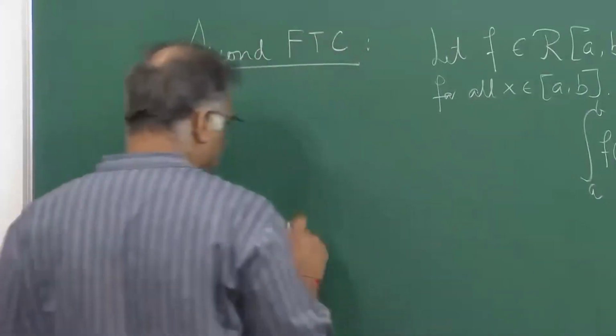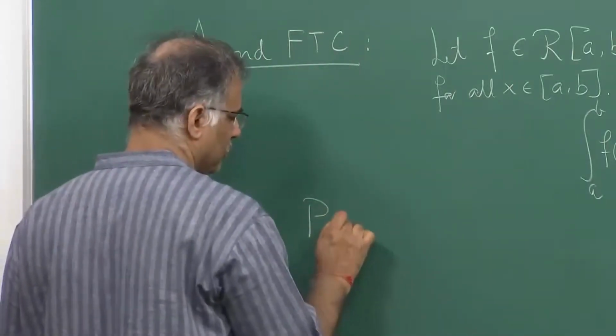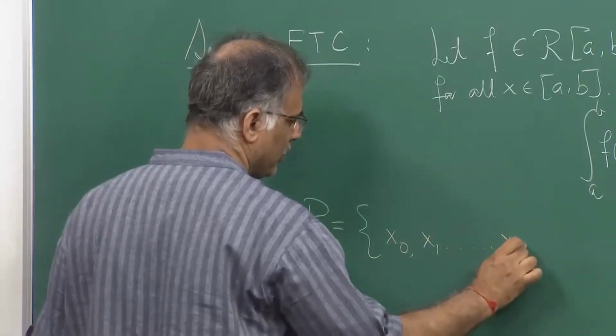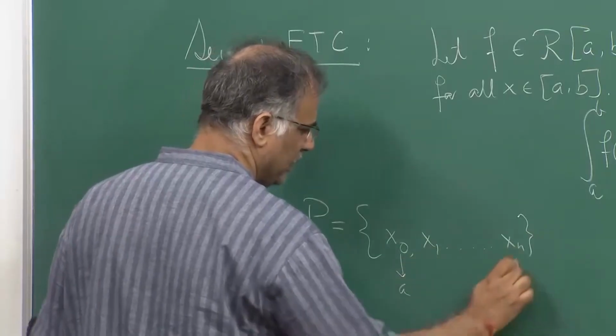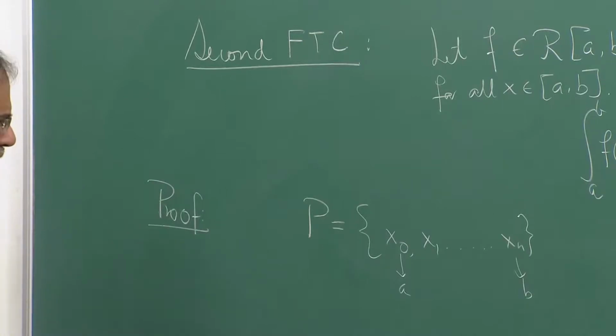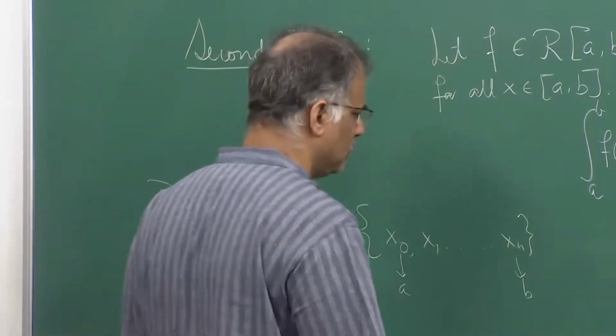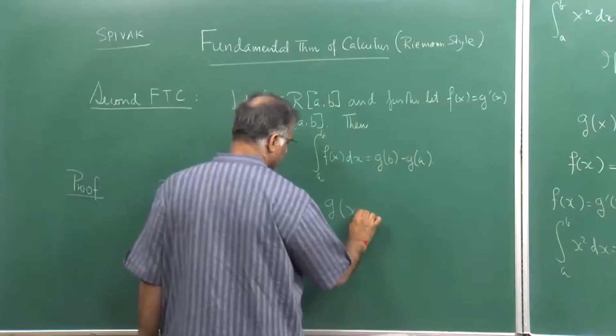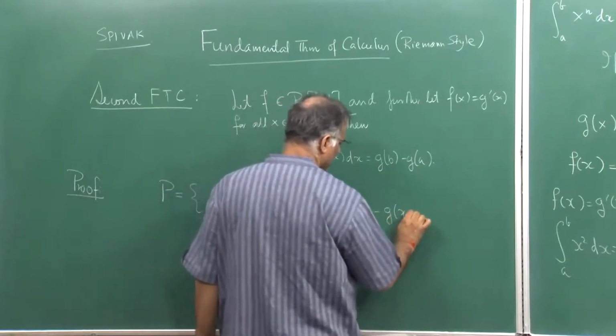So, you might see what we do now is a very simple way of looking at the proofs. Let me just try to do the whole thing in a very simple way. So, you have the partition P, which is given the same way as n points, with this the point A and this the point B. Now once we have this, we take G and compute G(x_i) minus G(x_{i-1}).